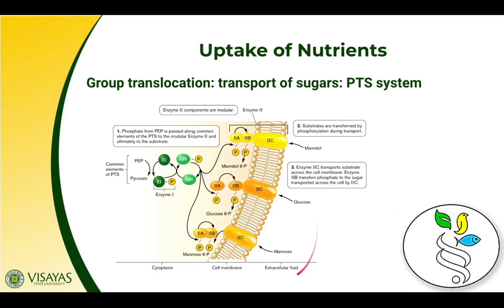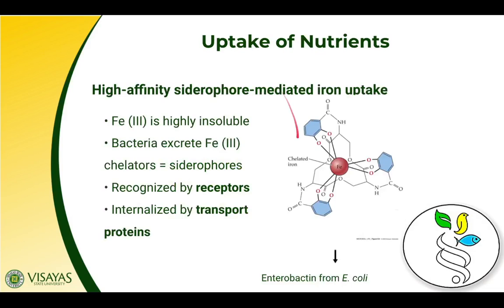Another way for microorganisms to transport nutrients, for example the transport of iron, is through the process we call high affinity siderophore mediated iron uptake. In the environment, iron is highly insoluble. That's why some bacteria will excrete iron chelators.